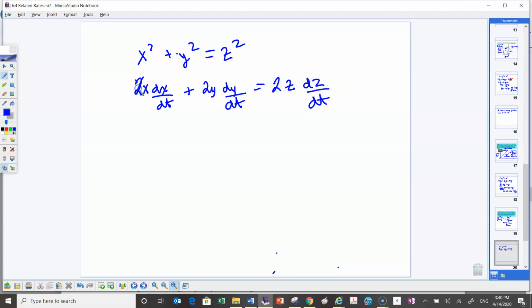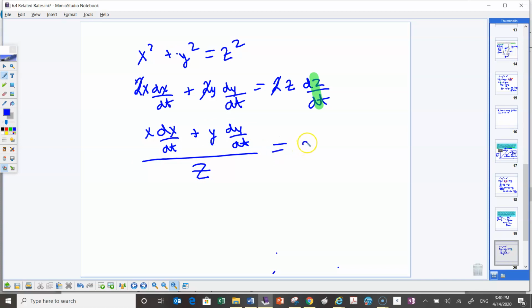Okay, now I can divide everything by 2 to make my math easier. I'm solving for dz/dt, so all I'm going to do is take my left-hand side and divide it by z to get dz/dt.